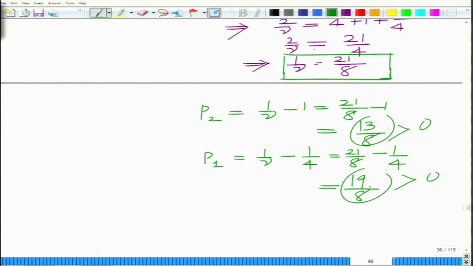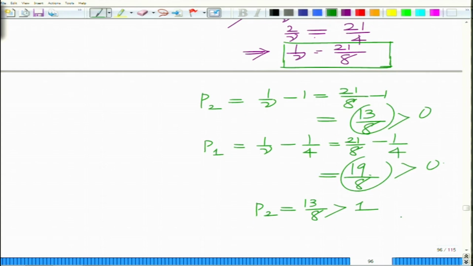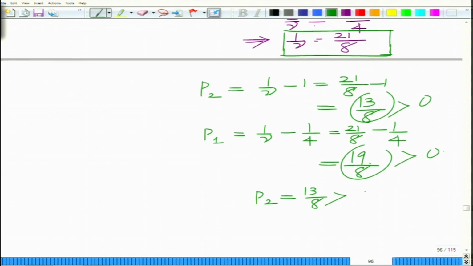Okay. And now you can see that both P2 is greater than 0 and P1 is greater than 0, and you can see P2 equals 13 by 8, greater than 1, greater than 0. So, both powers P2 and P1 are greater than 0.